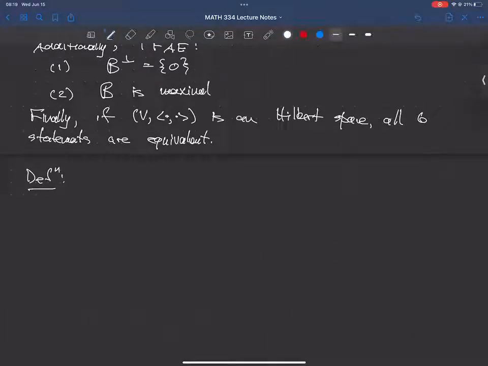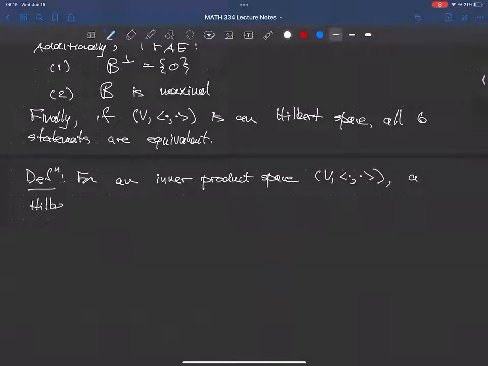All right, so the definition is going to be for inner product space: a Hilbert basis is a maximal orthonormal set.